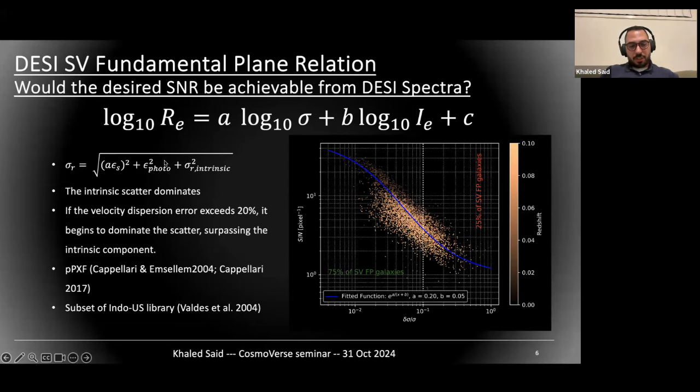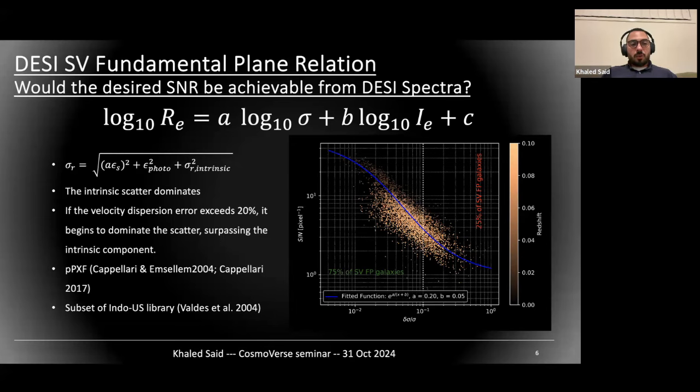You can think of the error budget like this. We use a different method to calculate it, but this is a simple way to think about it. We have the total error in the R direction, and remember, the fundamental plane is a 3D plane. It's not just a linear relation like the Tully-Fisher. But the error in distance correlates very well with the error in the R direction.